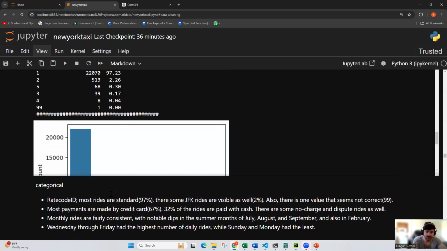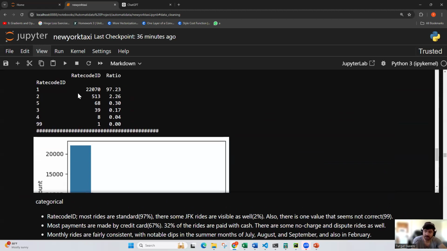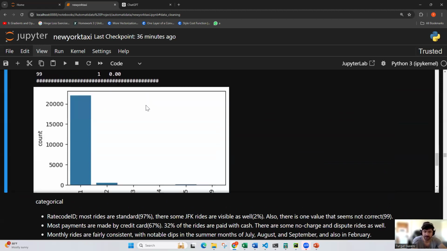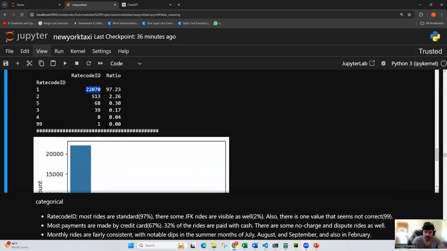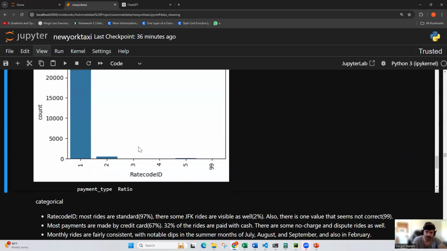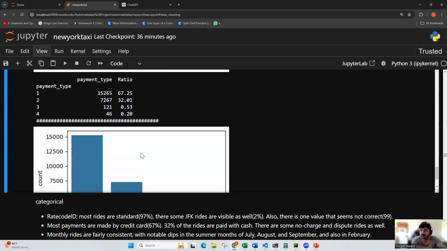So we checked the rate code ID. Basically, most of the rides consist of the standard rate, right? As we can see here, there are other ones, and there is a 99. This is probably a data entry error, right? Because there is no rate code ID 99. Or we can ask the data owner, right?